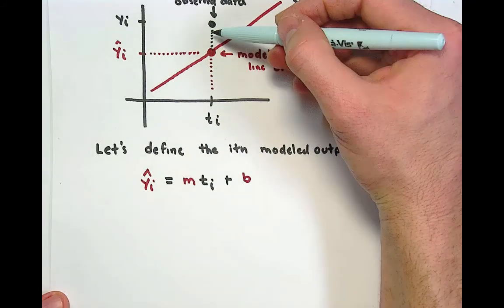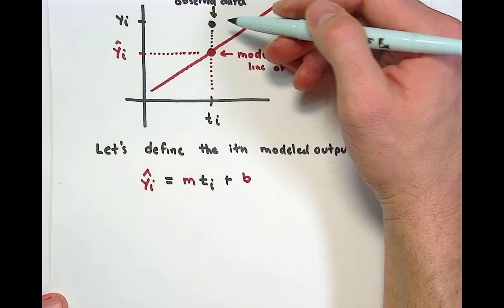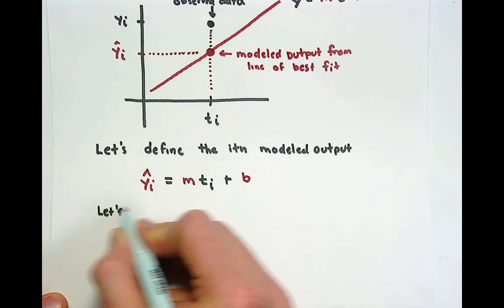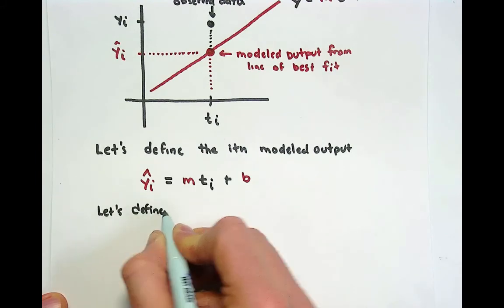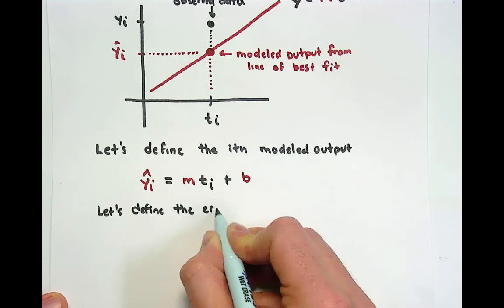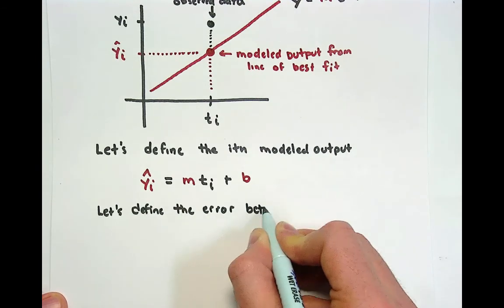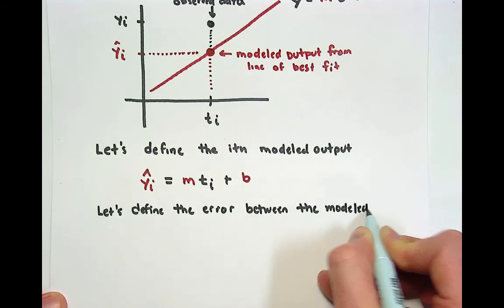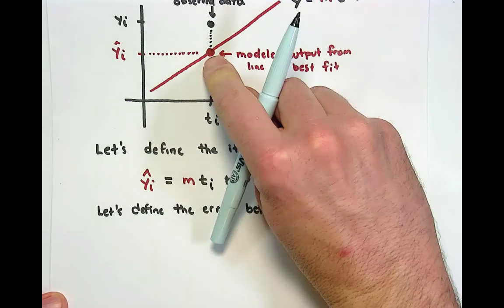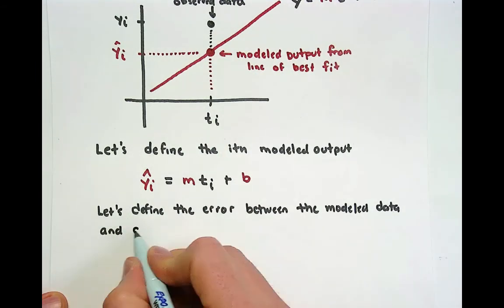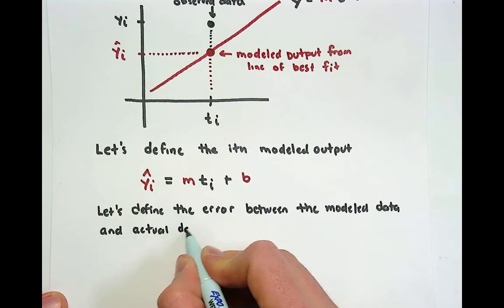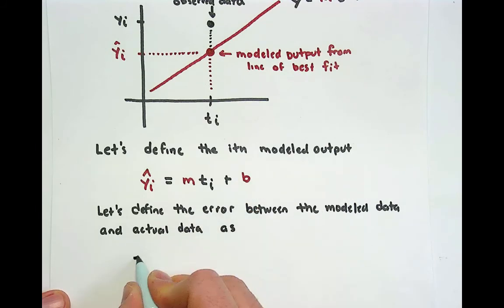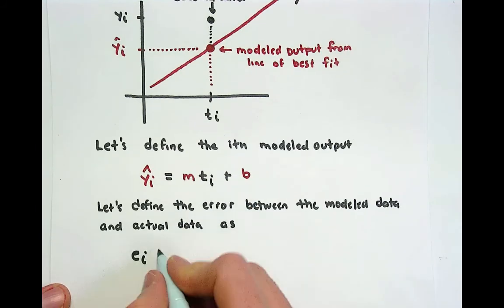Now, the fact that there's a difference here means that we might be able to quantify it. We could actually define the error between the model data here and the actual data as, and this error is dependent on the data number, so we'll call that E sub i.